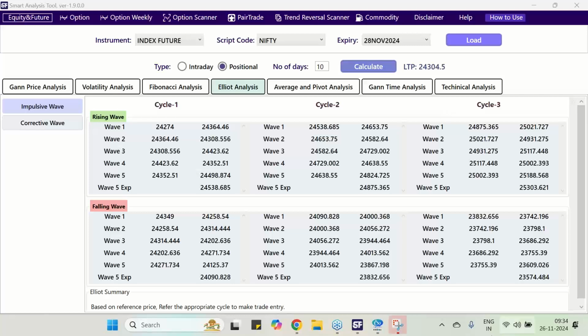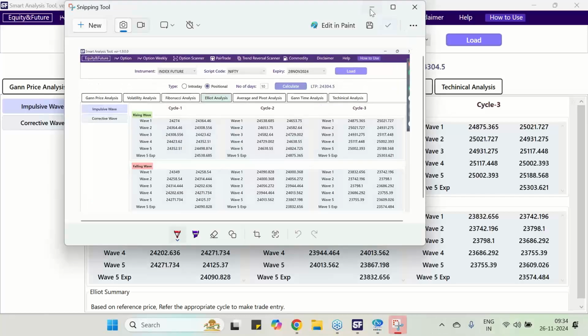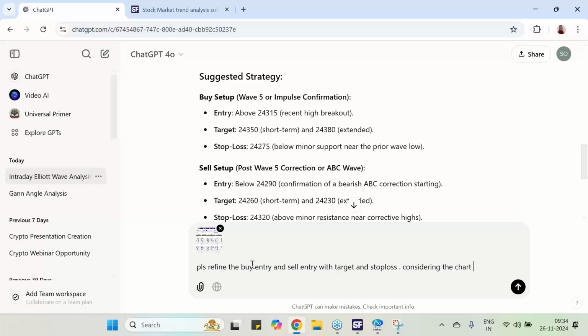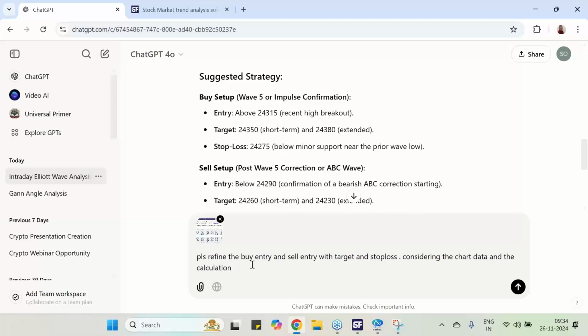I'll again go to ChatGPT, give this image, and say: please refine the buy entry and sell entry with target and stop loss, considering the chart data and the calculation data image.